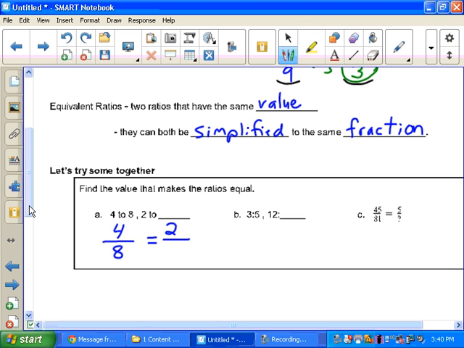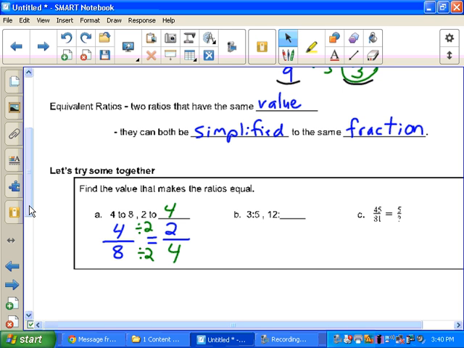I look at my numbers that match. Here I have a 4 and a 2. How can I get from 4 to 2 using either multiplication or division? In this case, I can divide by 2. So 8 divided by 2 is 4. So 4 to 8 is equivalent to 2 to 4. They represent the same value.